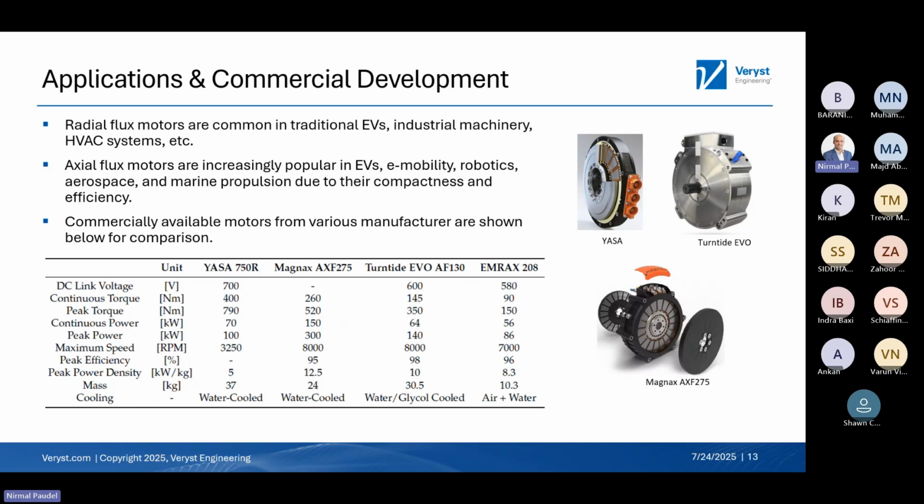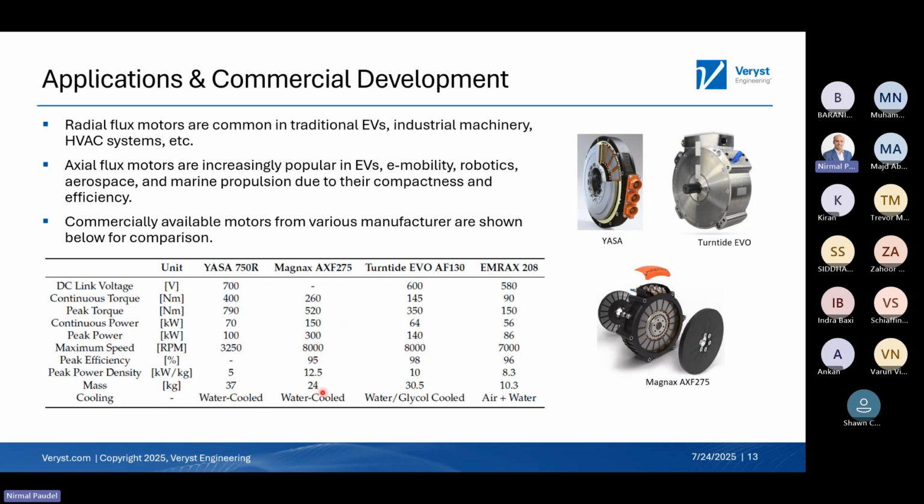And below here we've shown a few examples of commercially available motors from different manufacturers, highlighting the diversity in size, geometry, and form factor. So basically, they can range in voltage level from a low range of 580 to 700, but providing a continuous torque of 400 Newton meter. This one is 260, 140, or even this one is just 90.